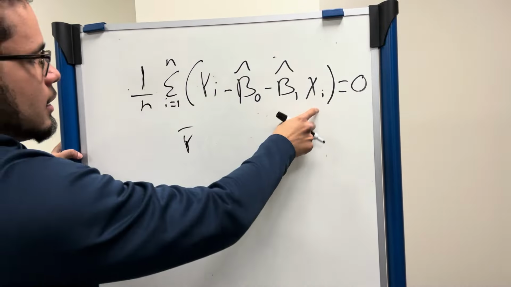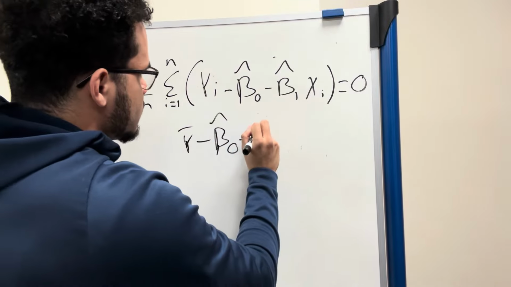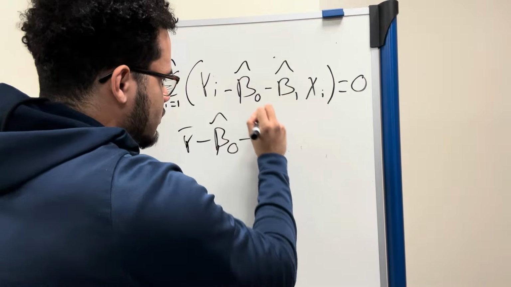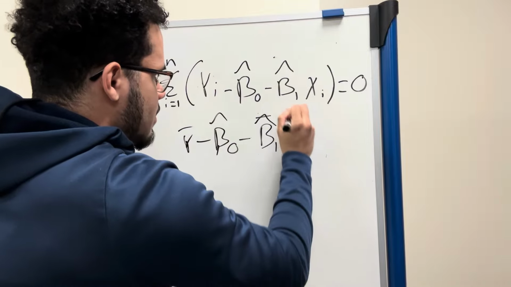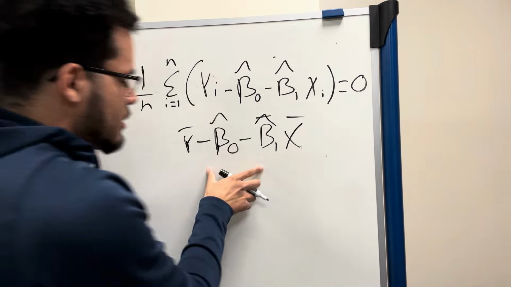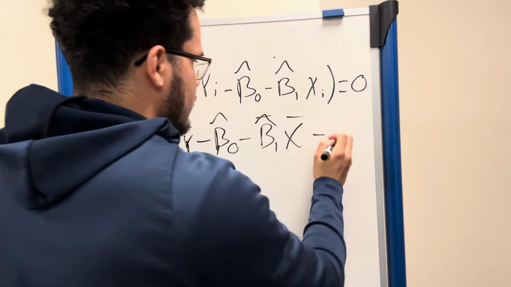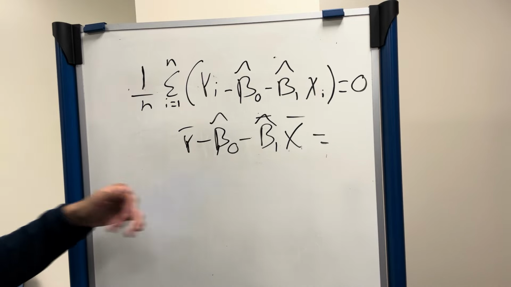Same for x i. So essentially we're just spitting out the sample averages, right?